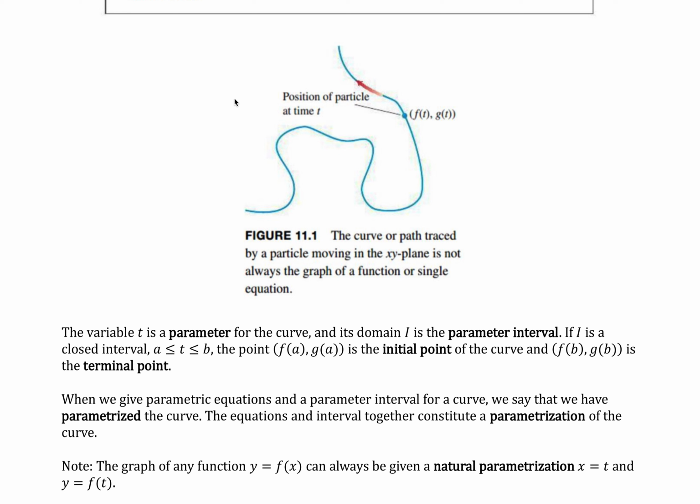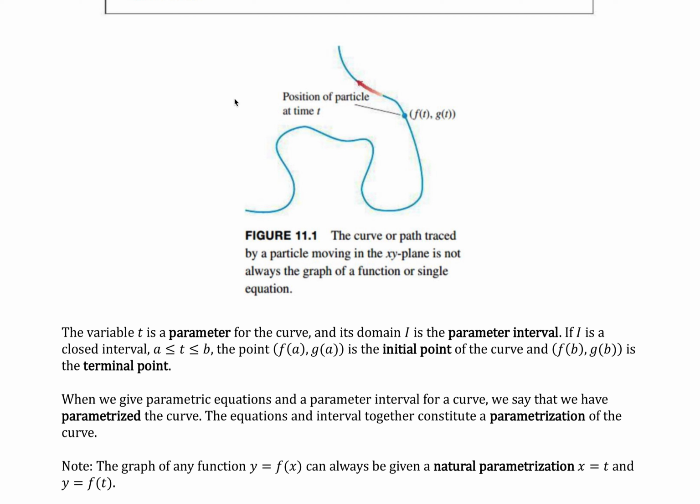It says when we give parametric equations and a parameter interval for a curve, we have parametrized the curve. The equations and interval together constitute a parametrization of the curve. You will not hear me use those terms a lot because I just think that they don't flow well, but that's what is happening here.